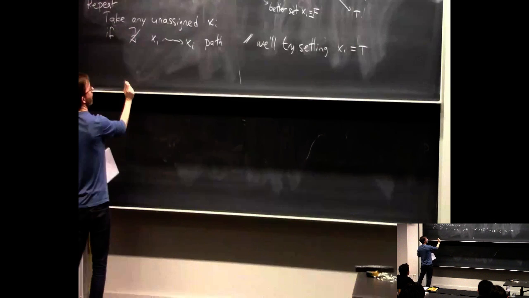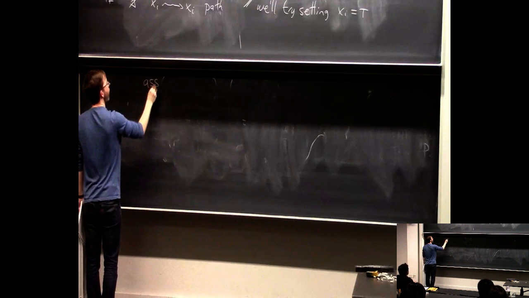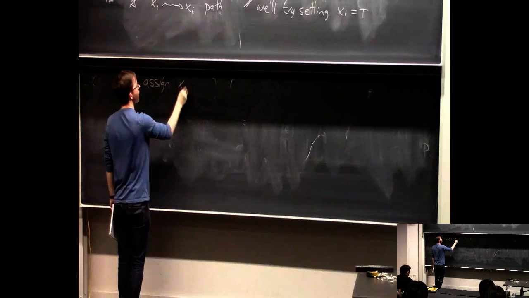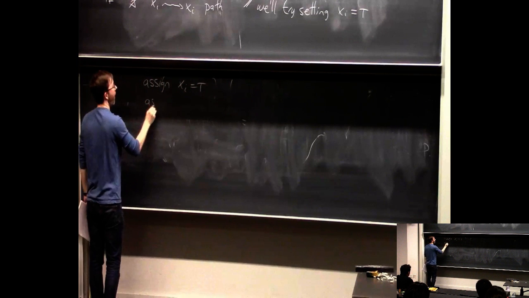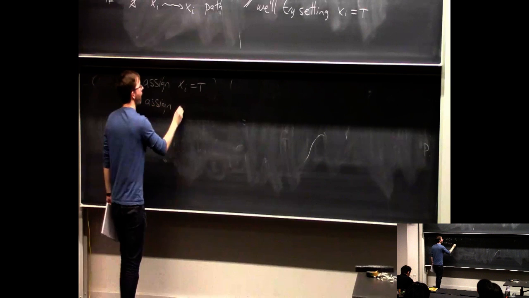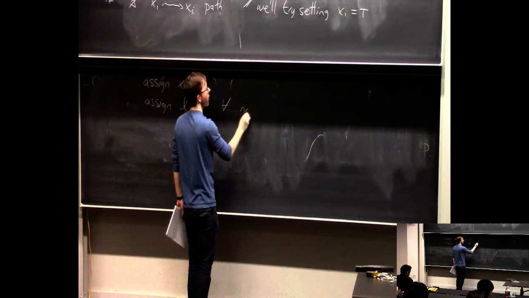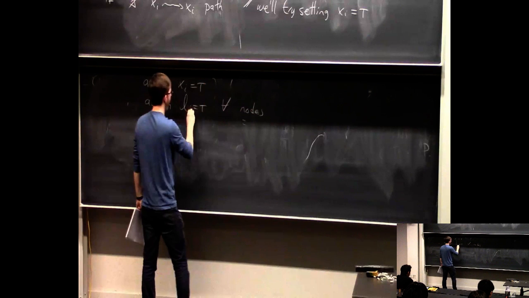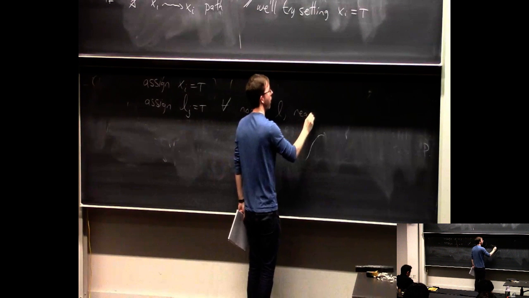Assign xi true, and assign lj to be true for all literals lj reachable from xi.